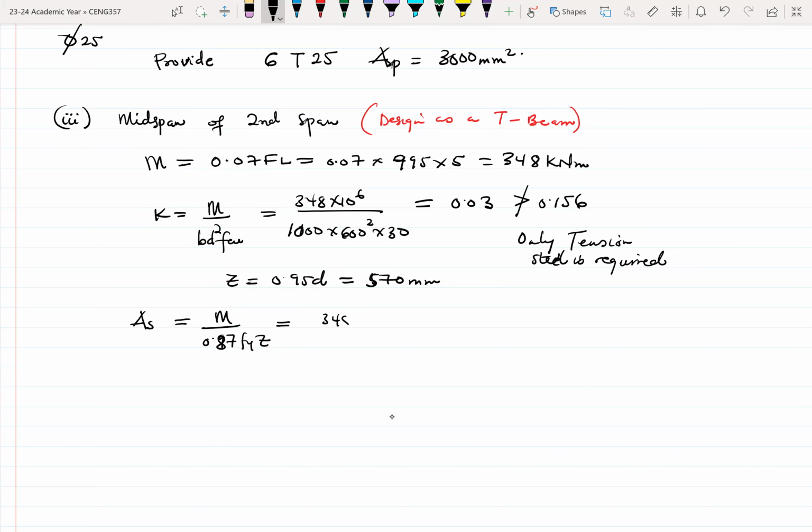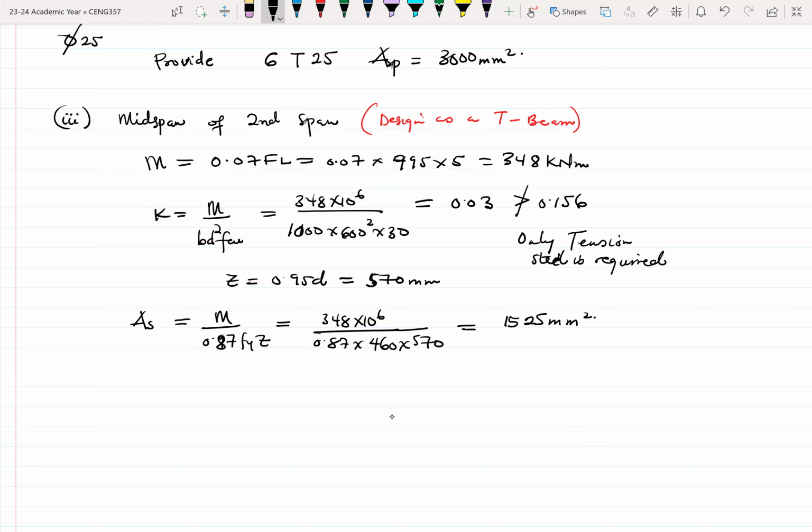So 348 times 10 exponent 6 over 0.87 times 460 times 570, and this should give us 1525 millimeter squared.